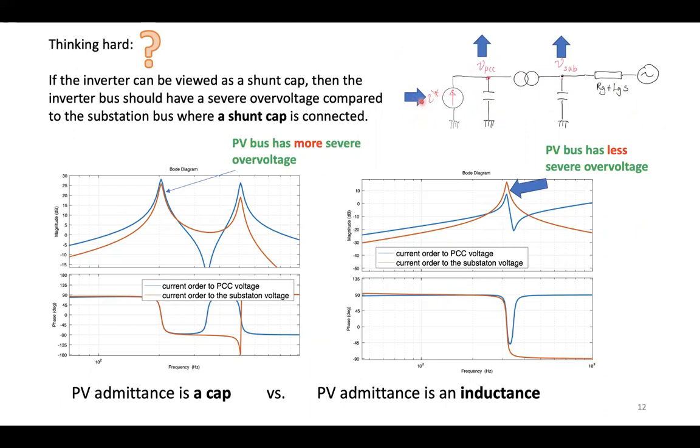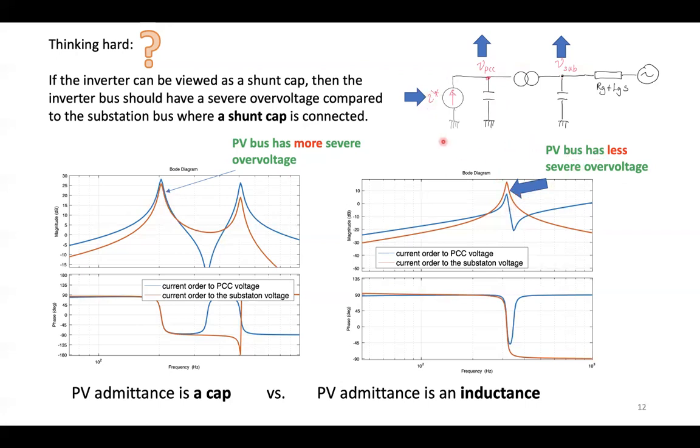I'm taking the current source as the input and the two voltages as the outputs, plotting blue versus red. Blue is the PV bus, red is the substation. If I put a capacitor at the PCC bus, then the PV bus has more severe overvoltage. Very good. Then if I change this shunt from a capacitor to an inductor, I should expect the PV bus to have less severe voltage.